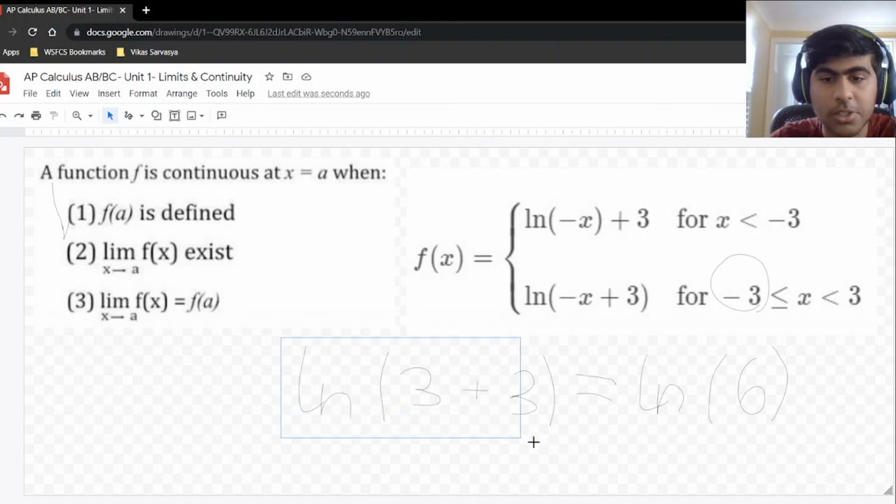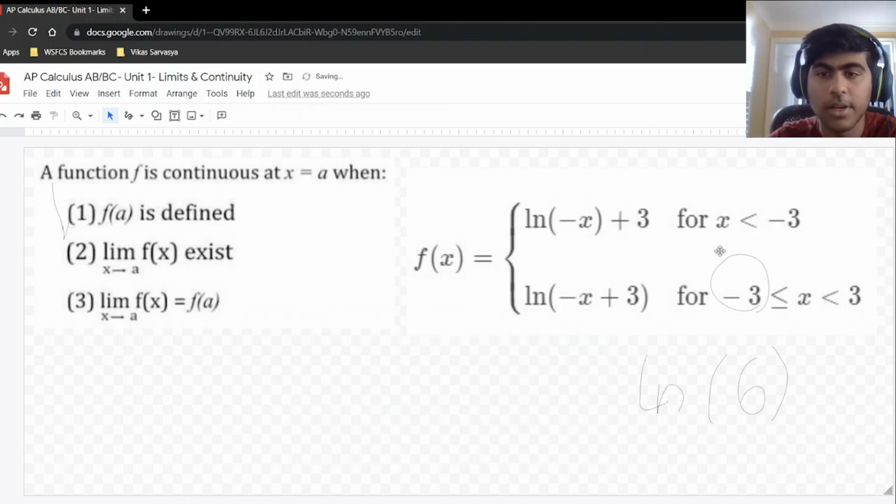And we can just plug in the value, right? We plug in -3 into ln of -x plus 3. Now even though this is a strict inequality, where x equals -3 does not follow this, you have to plug it in to find the limit, because this is approaching -3. It gets all the way to -3, but doesn't actually have the value at -3.